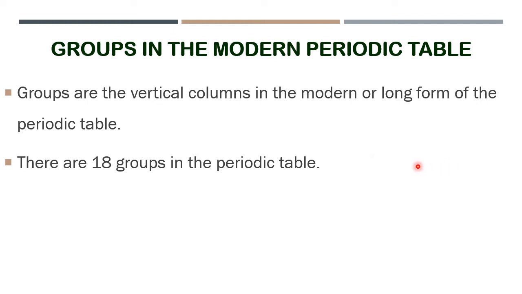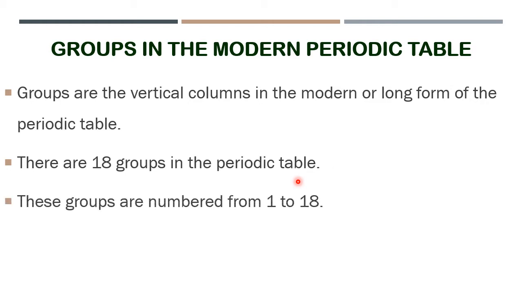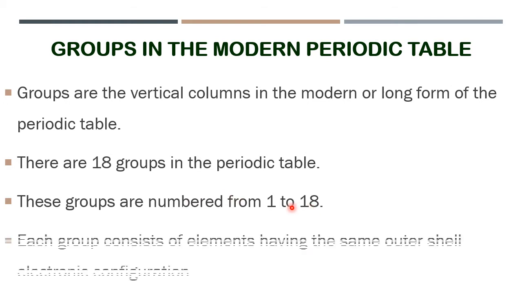So totally we have 18 groups. These groups are numbered from 1 to 18 using the Hindu-Arabic numerals. Each group consists of elements having the same outer shell electronic configuration.